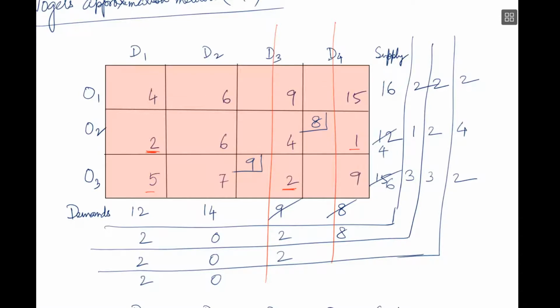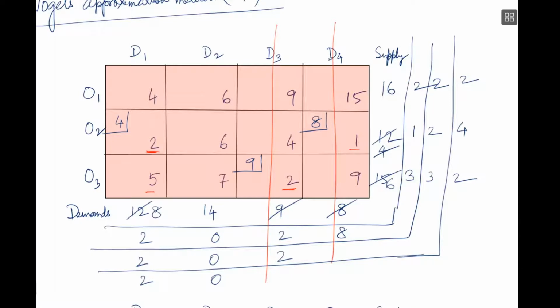So at the cell 2, 1 we make our next allocation, and the maximum possible allocation at this cell is 4 units only. So this one will be exhausted, and demand will still be 8 units at D1.